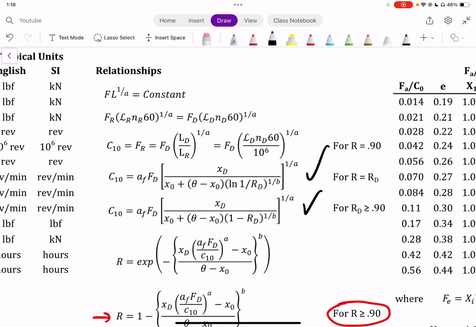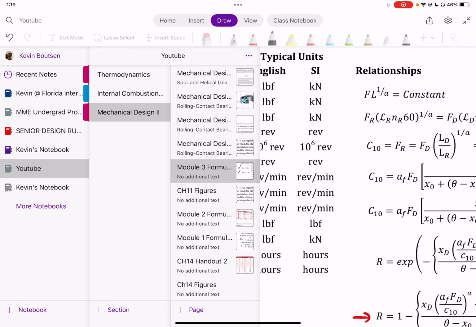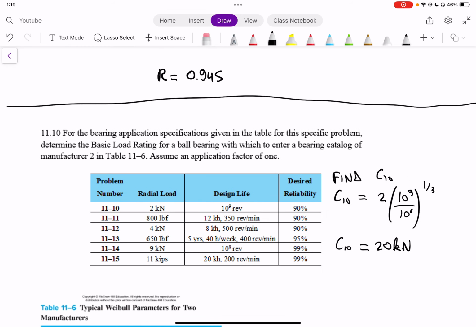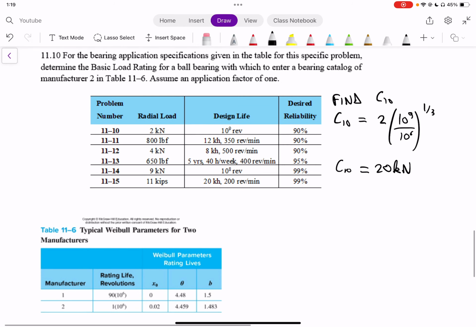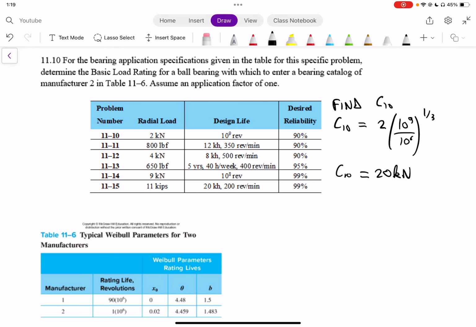Now, the one other thing that we have in this problem that is of note, and that we need to write down just to make sure, is that we have a rating life, and we're told that in this case, we have a catalog of manufacturer 2.